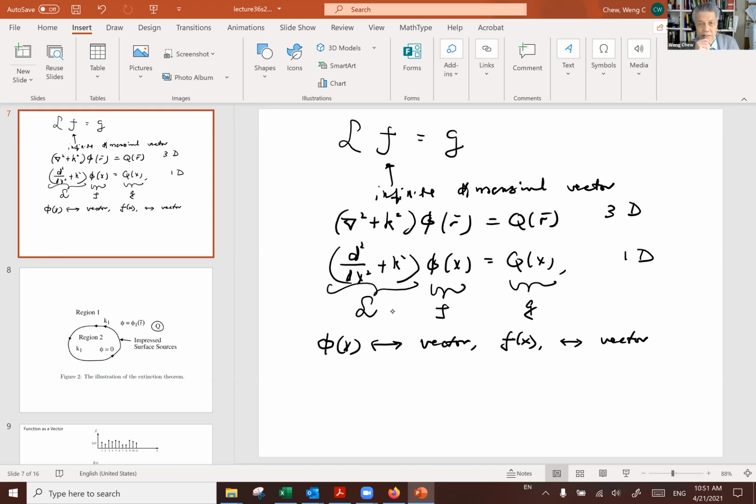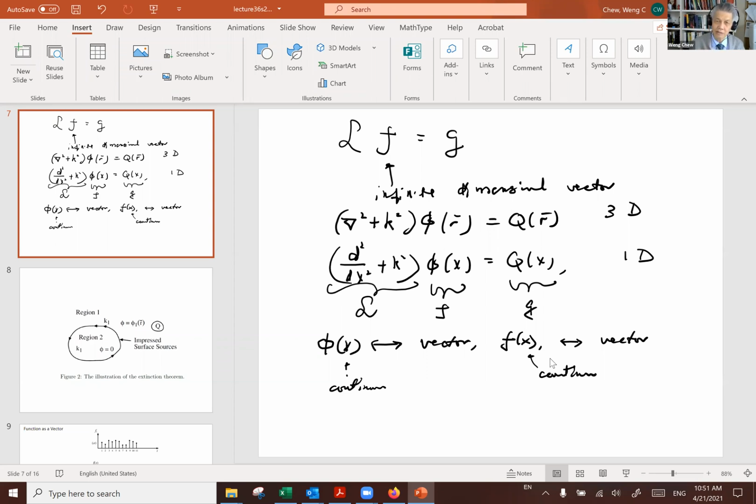Because if you think about a function and if you want to feed it to the computer, you cannot feed it as a function such as this, where x is a continuum. Okay, this is continuum. And this would be a continuum. And computers cannot digest a continuum function very easily.